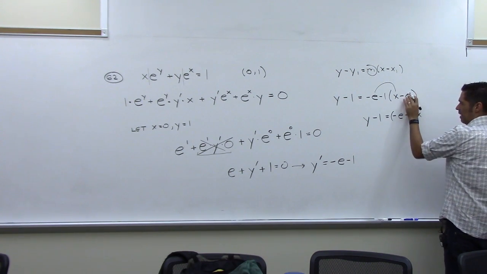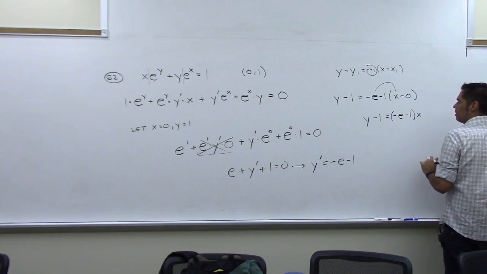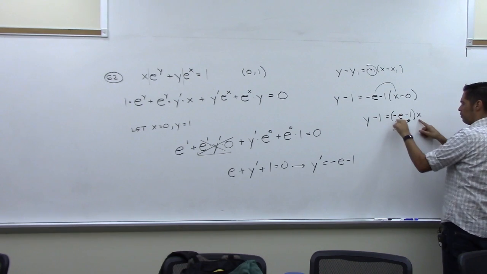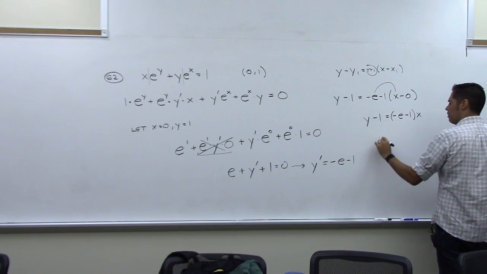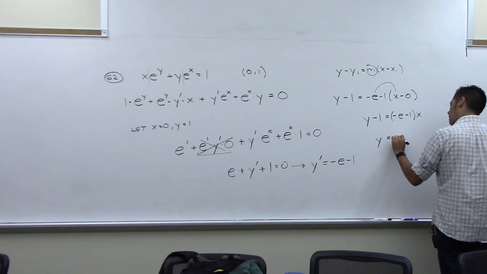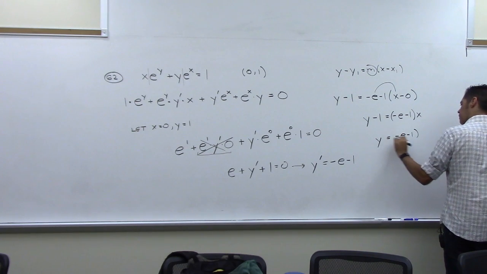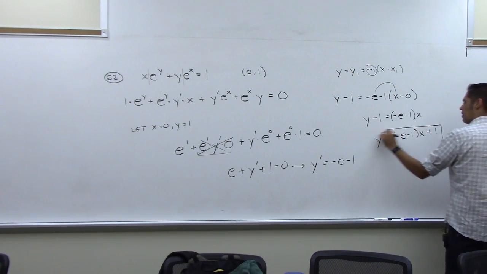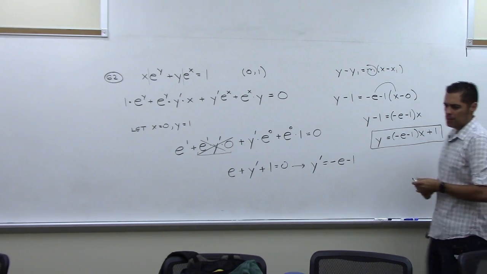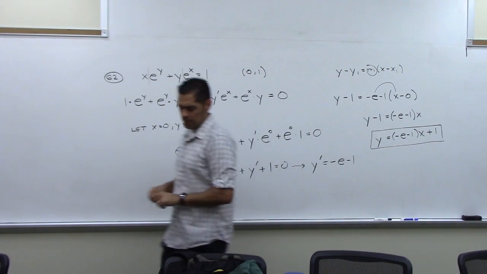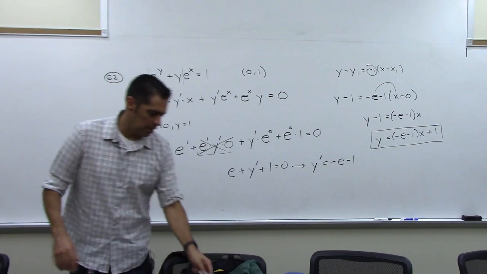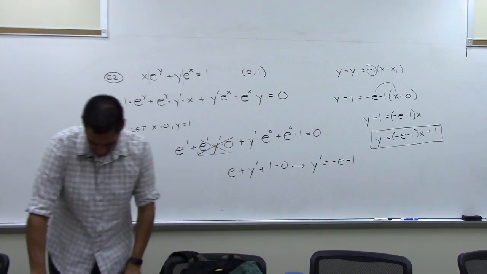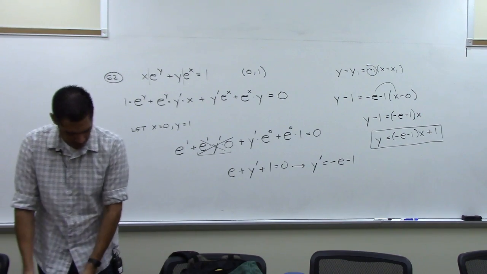Or you could just say that's x times this. It's important that, since this is two terms, you have to put this in parentheses. And then add 1 to both sides. That's a weird looking equation of a tangent line, but it is the equation of the tangent line nonetheless. All right, that's it. 3-3 is done.